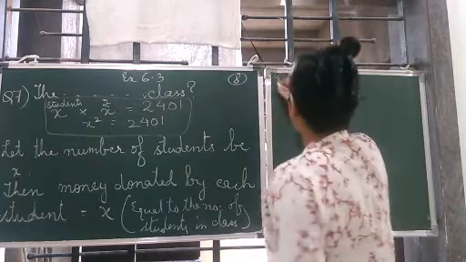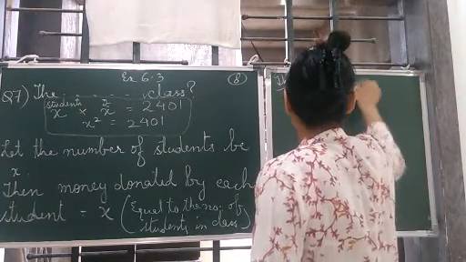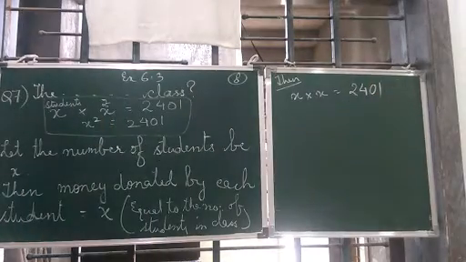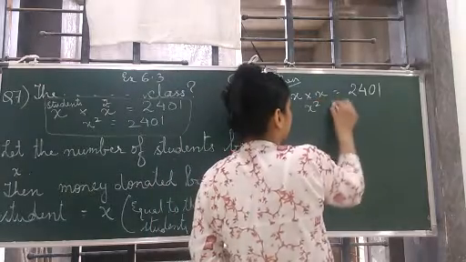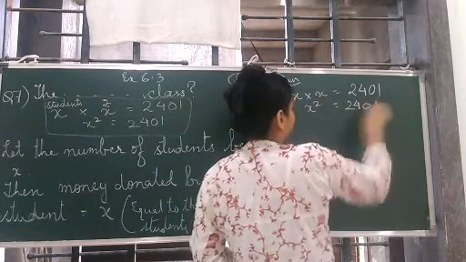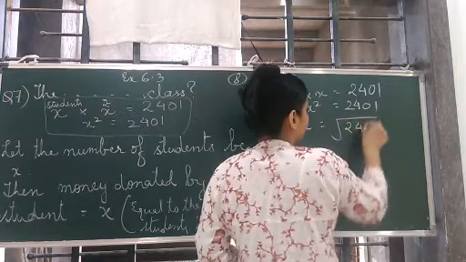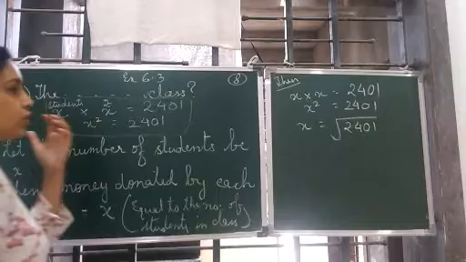Then that means x into x is equal to 2401. Correct? X into x is equal to 2401. That means x into x gives us x square is equal to 2401. That means x is equal to root over 2401. That means you have to find the square root of 2401.